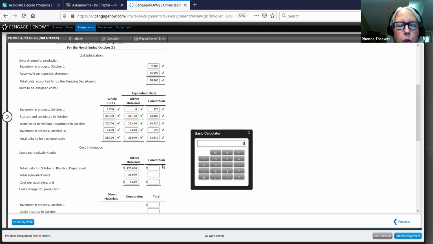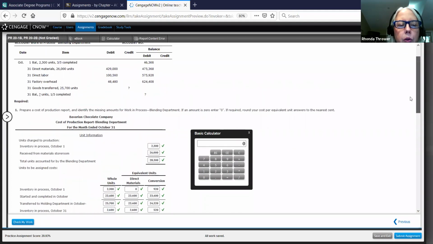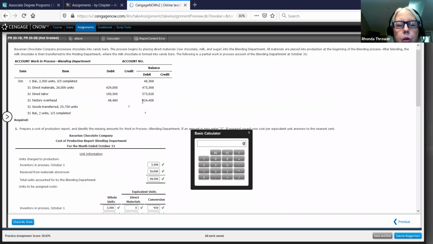For my conversion cost, you have to remember that conversion costs are your direct labor cost plus your factory overhead. So my direct labor cost was 100,560.